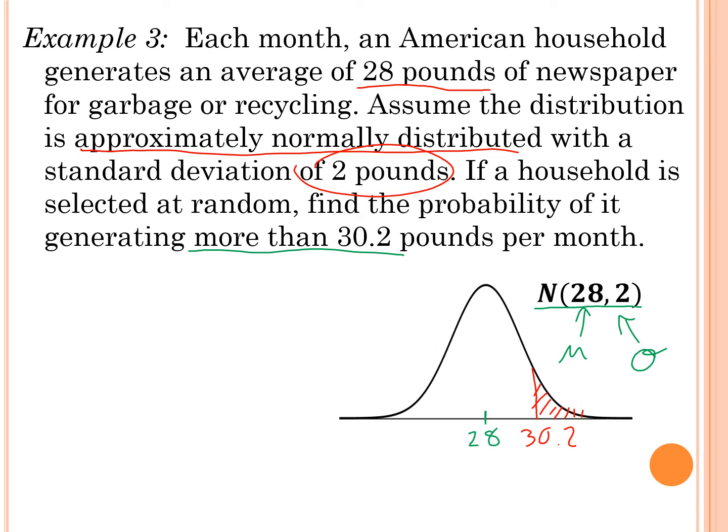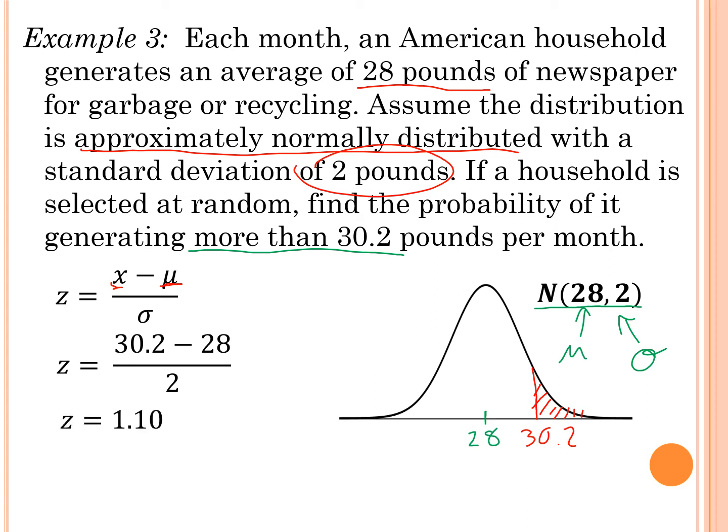So first thing we want to do is standardize this curve, which means we want to find a z-score for this. We always take our x value and we subtract the mean. 30.2 minus 28, divide that by the standard deviation, and that gives us our z-score 1.10. Now it's just like the previous problems we did.